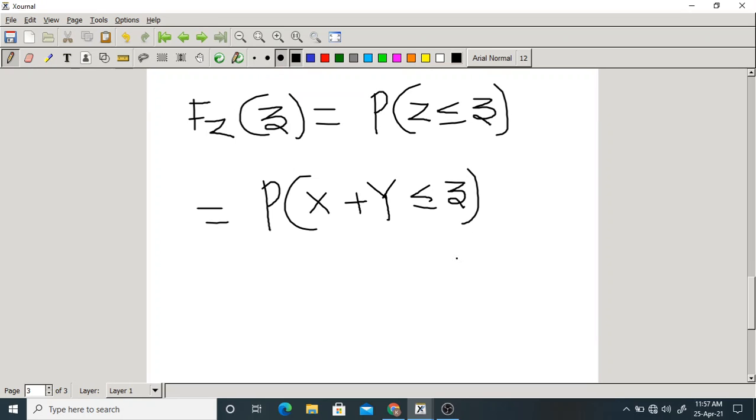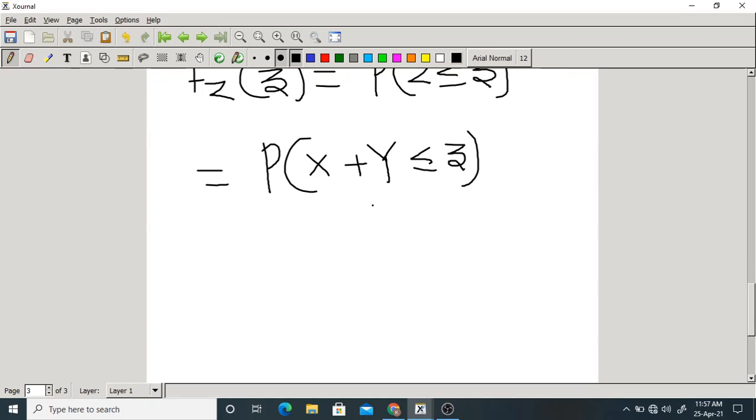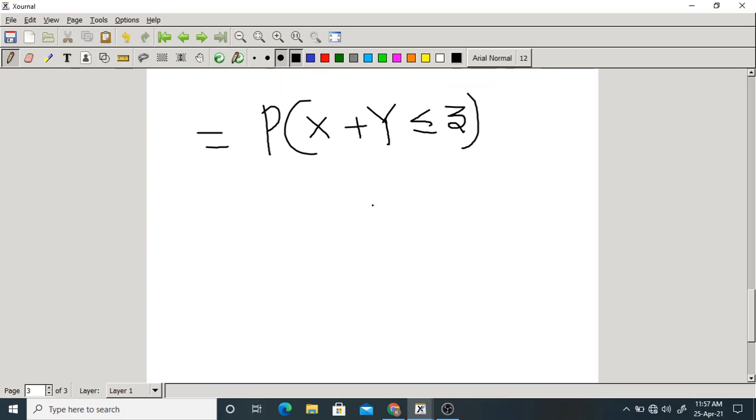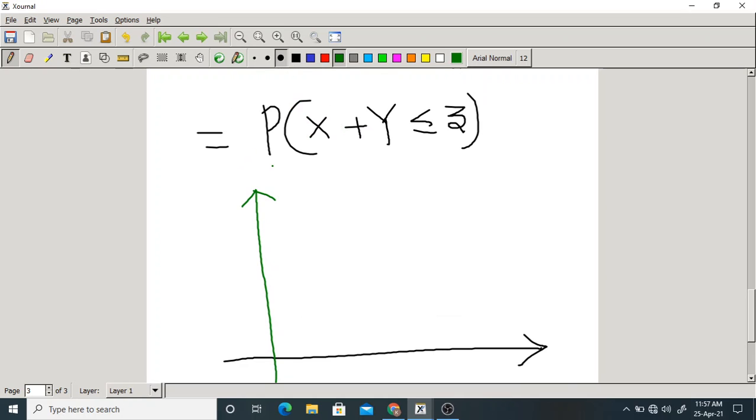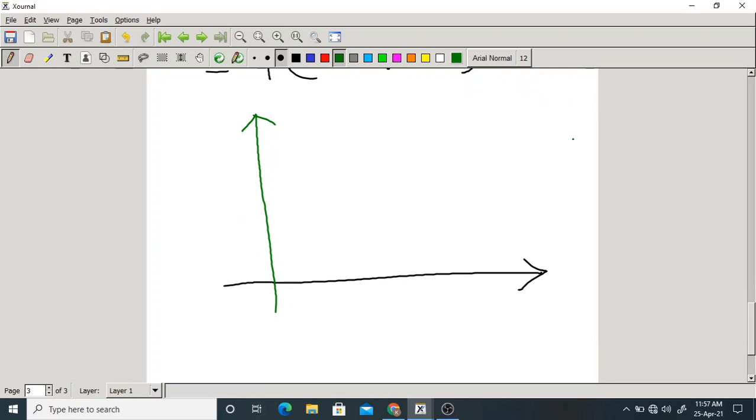Since it is a two-dimensional sample space, we should go for a two-dimensional diagram. First of all, what is x plus y equal to z? It is a straight line. Let me draw it here: this is x, this is y.